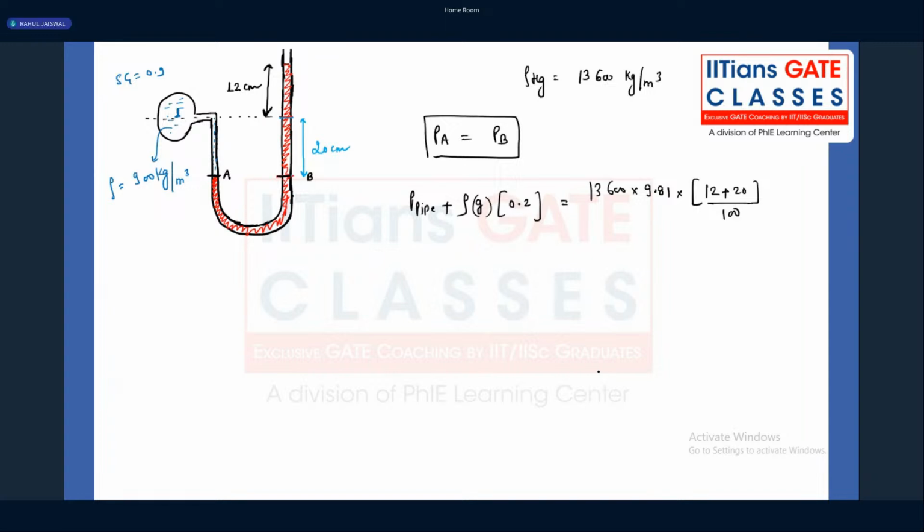So what is the next task? The next task is to calculate the pressure in the pipe, which is nothing but 13,600 into 9.81 into 0.32 minus 900 into 9.81 into 0.2.